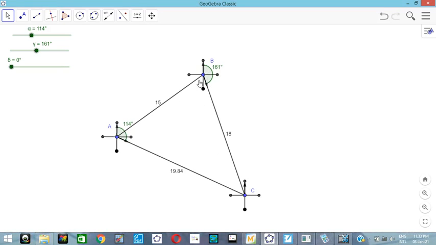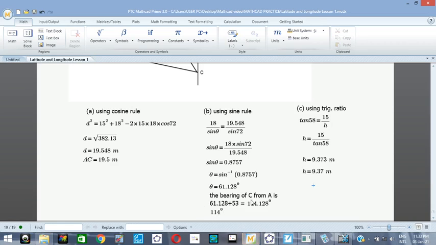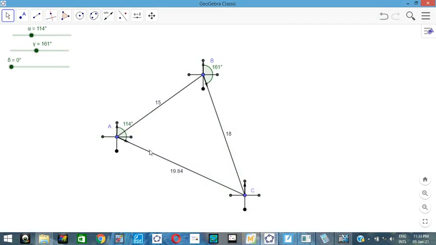Then you can see the turning. We always turn facing north. You turn through east before you move to where you are going to. You can see that we got the same result. 114 from A to C, and that is the same thing we got, 114 degrees.